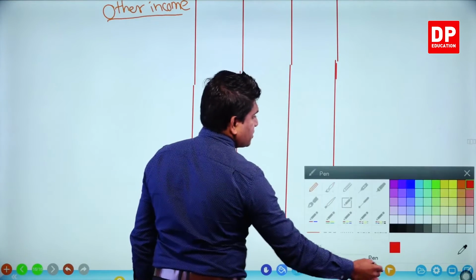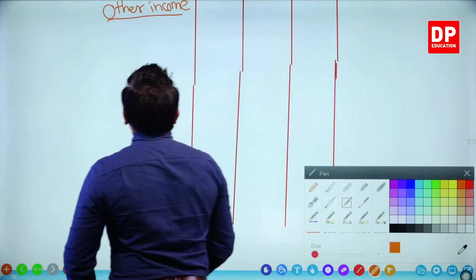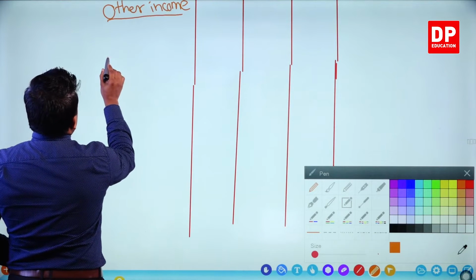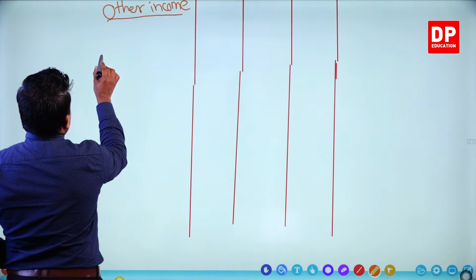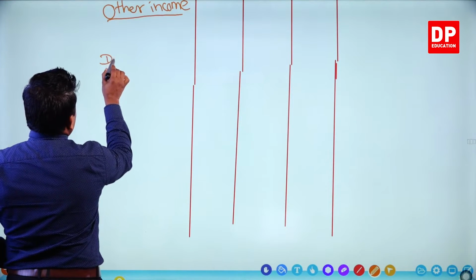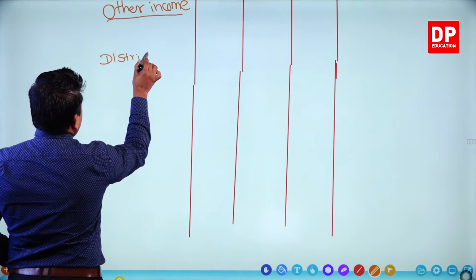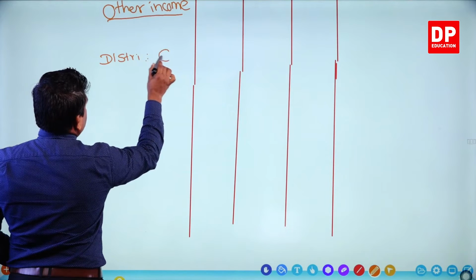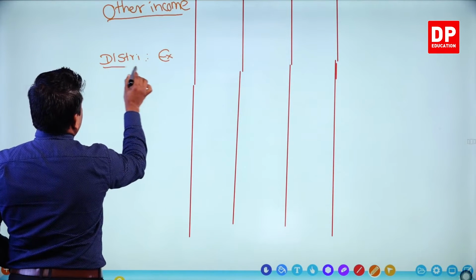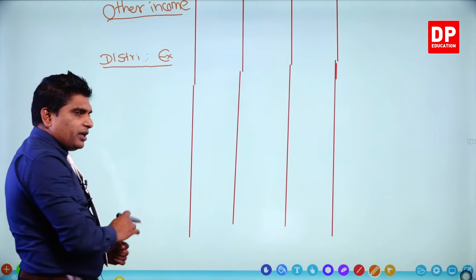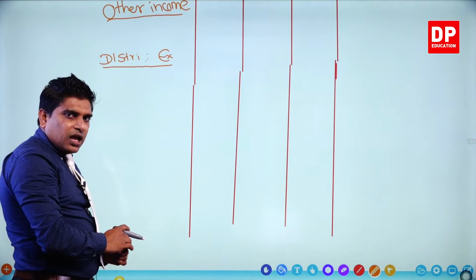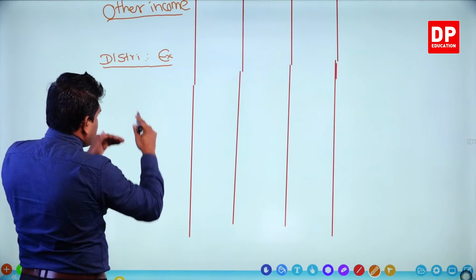How many expenses do we have to write, what are they? First one is distribution expense. I put here distribution expense. It's a heading. Then you count how many expenses are there and you give the space here.